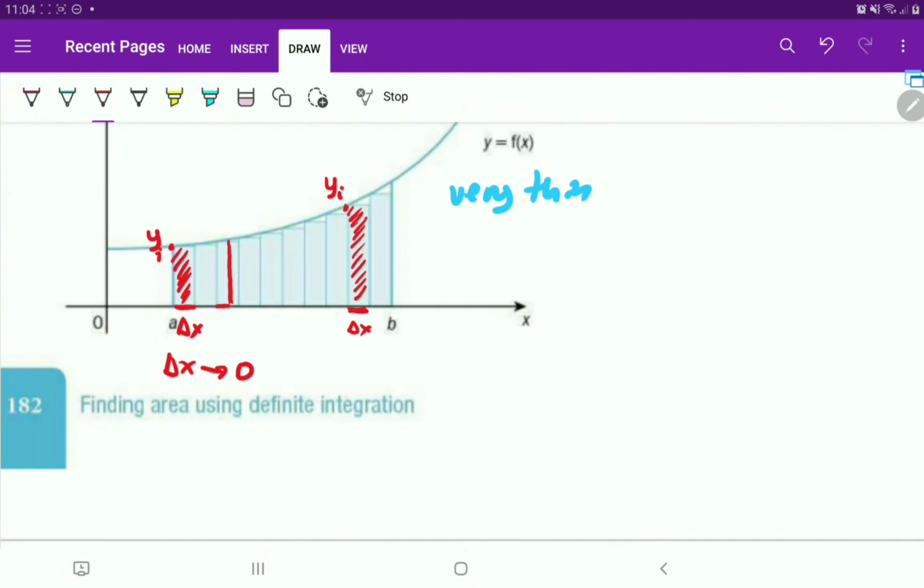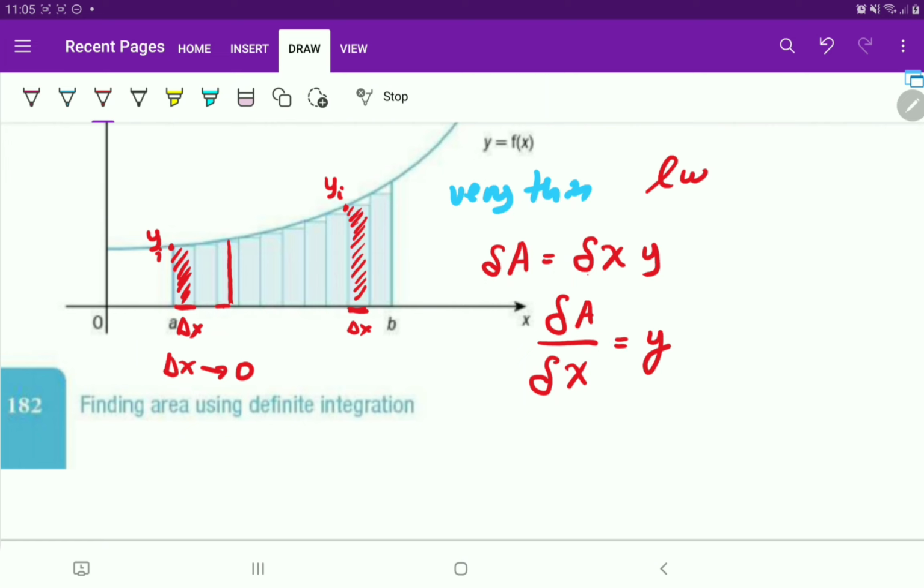So basically you have delta of your area equal to delta x times y. Why is that so? Because the area is length times width, right? So this is the width, that is the length. Therefore from here we can say that delta A over delta x is equal to y.